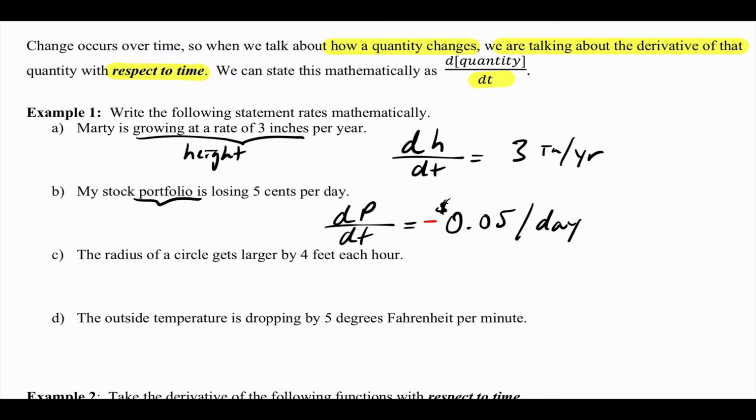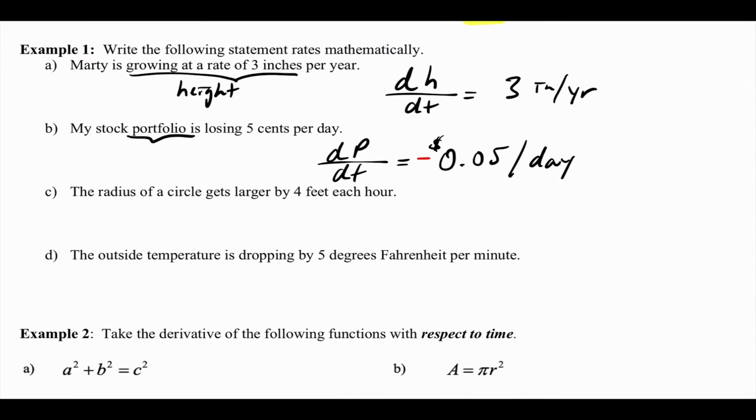Why didn't we put a negative for 3? It's growing, yeah. There you go, right? Because there are positive rates and there are negative rates. If you're losing something per day, like car values, as we speak, your car is losing value, going downhill.